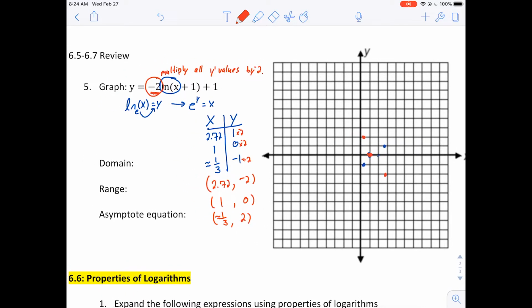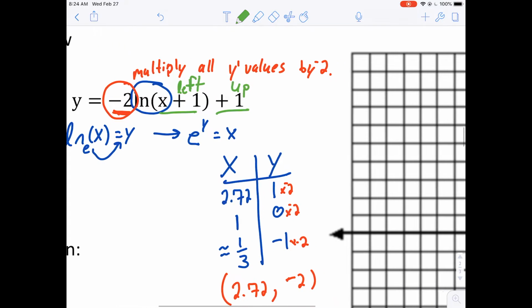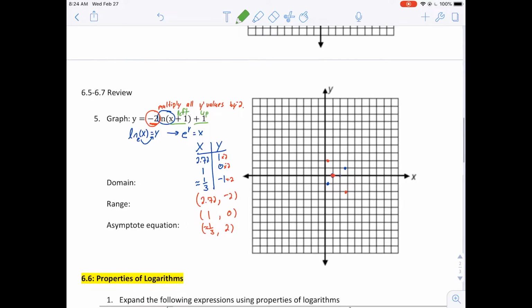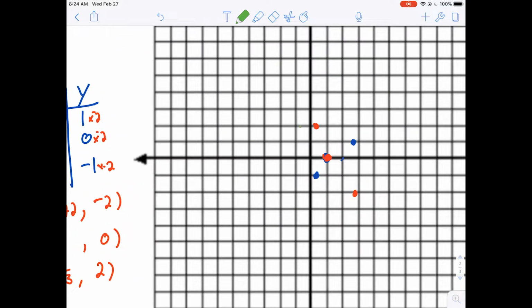Okay. And now we can do our shifts. So I'll make those in green. This tells me left 1 and then up 1. So left and up. Okay. So then I'm going to take all of these points, go to the left 1, up 1, left 1, up 1, left 1, up 1, right?